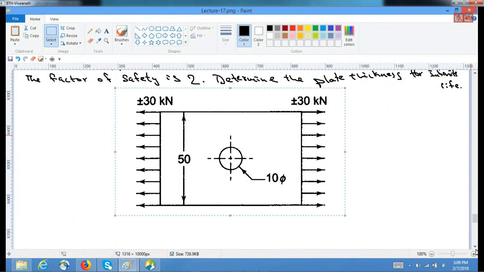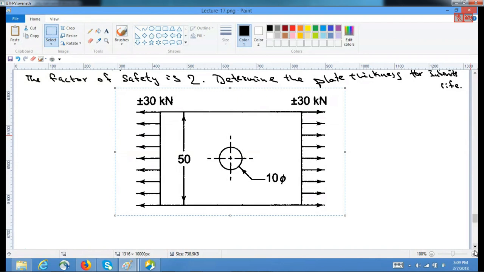The width of the plate is 50 and the diameter is given as 10. And what we need to do is obtain the thickness of the plate that can carry this load without having a fatigue failure.